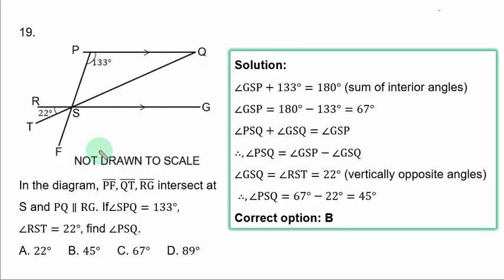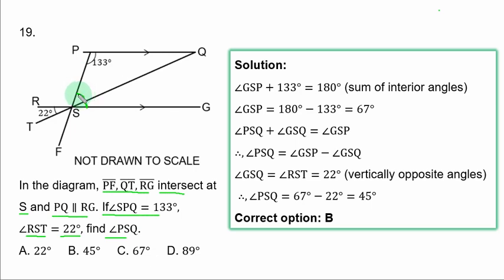Question 19. In the diagram, PF, QT, ROG intersect, that is meet at S. PQ is parallel to ROG. If angle SPQ is 133 degrees, angle ROST is 22 degrees, find angle PSQ. First, because PQ and ROG are parallel, 133 plus this angle here is equal to 180.